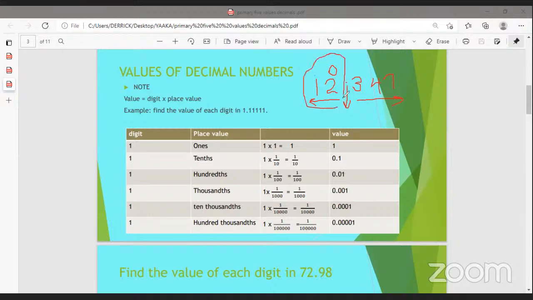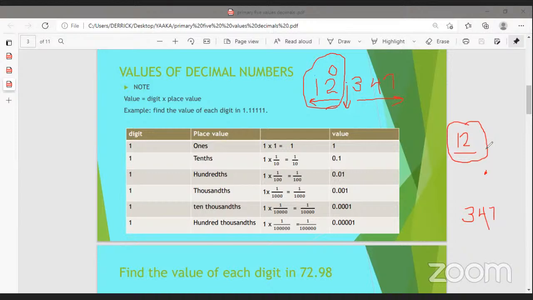You can actually try to separate this number here, and you have 12 aside, yes, because you have 3 parts. We have the 12, then we have the decimal point, then we have the other one that is 3, 4, and 7. So when you look at 12, this is what we call the whole number because it is before the decimal point.